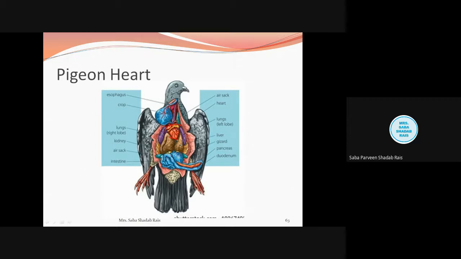Otherwise there is a chance that it may collapse and its functioning may cease. To avoid all such problems, the heart is present in the proper pericardium, or you can say the protecting layer.